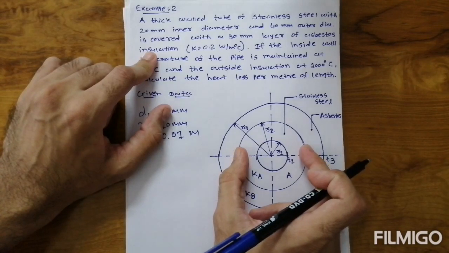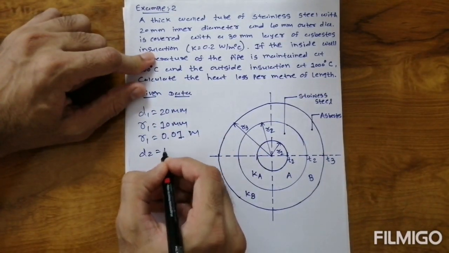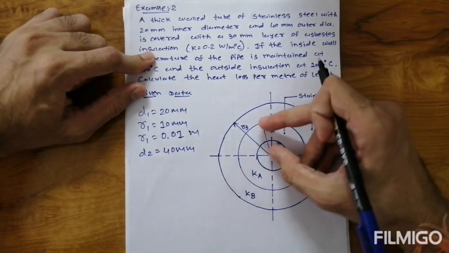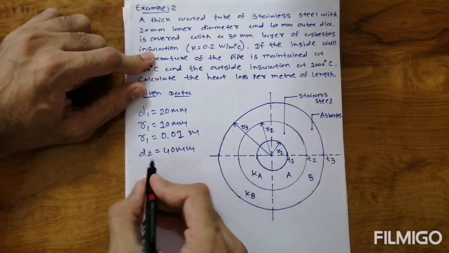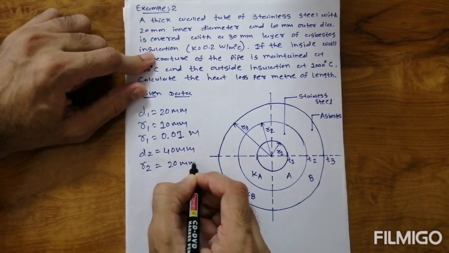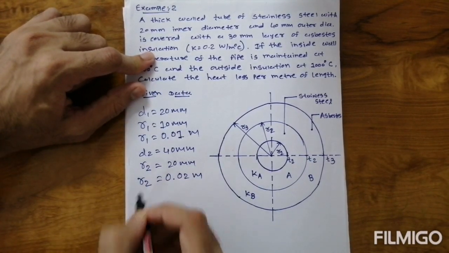D2, the outside diameter of the stainless steel, is equal to 40 mm. We just require R2, so we divide by 2. R2 is equal to 40 by 2, 20 mm. We can write it in meters, 0.02 meter. So that is R1 and R2.